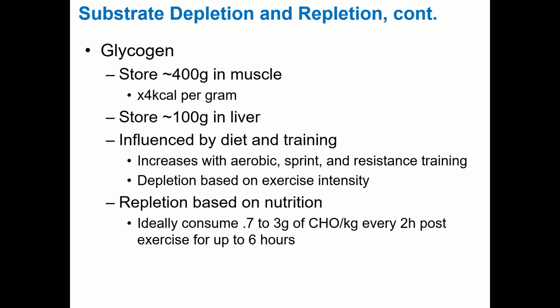So the other thing I was thinking about, as I was talking, is the concept that a lot of you are probably familiar with of carbohydrate loading. And so what you do with carbohydrate loading, that's an intentional alteration of diet practices and training practices.